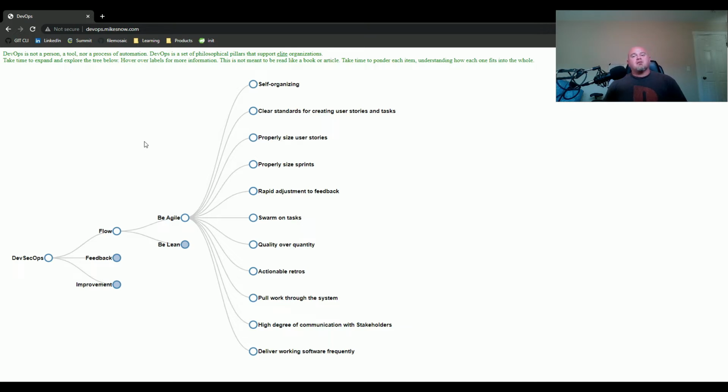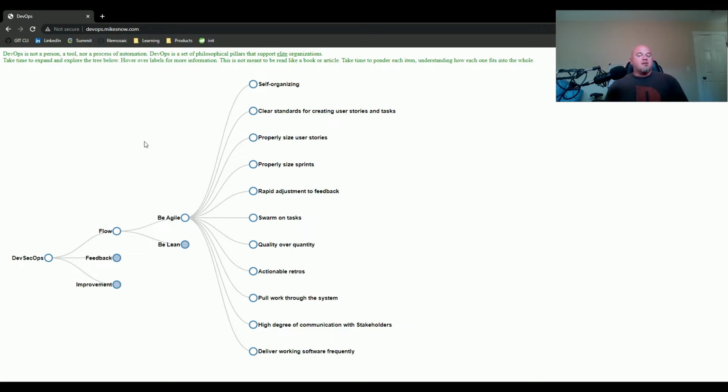Now here I go, I'm talking about something I've seen before, but I've seen places that would way overload the sprint. They would commit to a month's worth of work and say they can deliver it in 2 weeks. And they were constantly blowing the sprint. They were never done at the end of the sprint. And what that does is create a culture of failure in my mind. You're failing to deliver on your commitments.